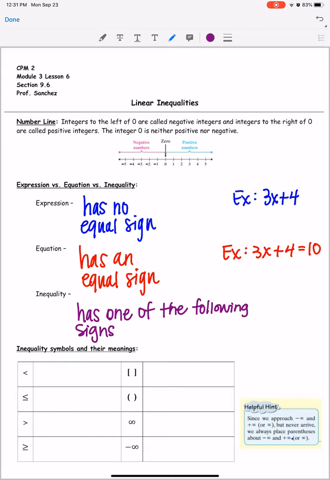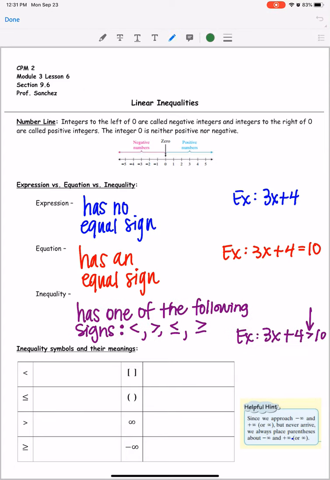We've done inequalities before, so those are either less than, greater than. These are kind of new ones: less than or equal to, or greater than or equal to. So, for example, 3x plus 4 is greater than 10. This symbol right here can be any of those four, but that's the difference.